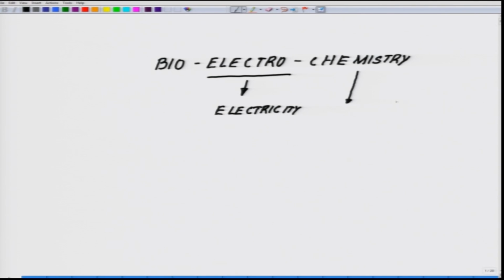The relation between electricity and chemistry is what makes it electrochemistry. But you have another word, which is bio.